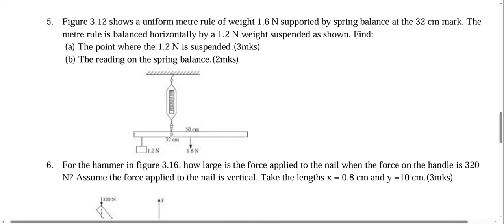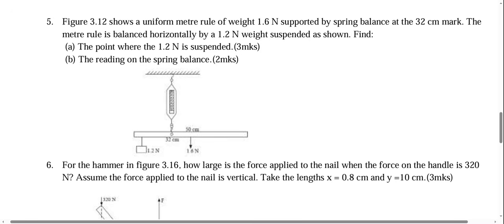Now let's move to the next question, question 5. Figure shows a uniform meter rule of weight 1.6 Newton supported by spring balance at the 32 centimeter mark. The meter rule is balanced horizontally by a 1.2 Newton weight suspended as shown. Find the point where the 1.2 Newton is suspended, and part B, the reading on the spring balance.